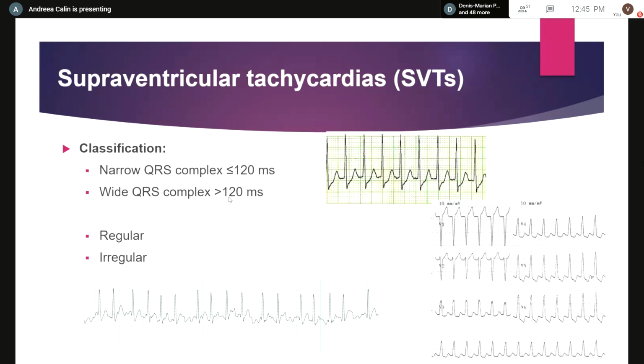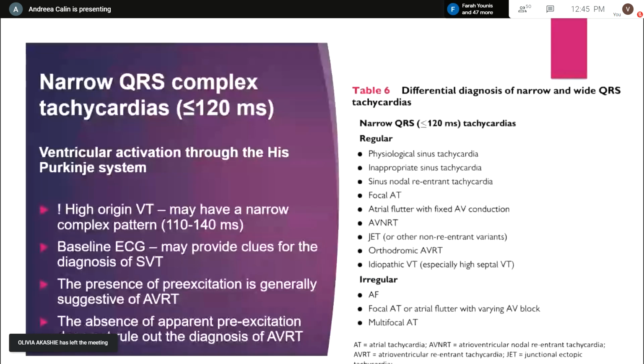If it is above 120 milliseconds, this is a wide QRS complex, and if it's a regular or irregular tachycardia. In this case, we can see an irregular tachycardia, in this case a regular tachycardia, and a wide QRS complex tachycardia here with a regular pattern. But you should always measure these RR intervals.